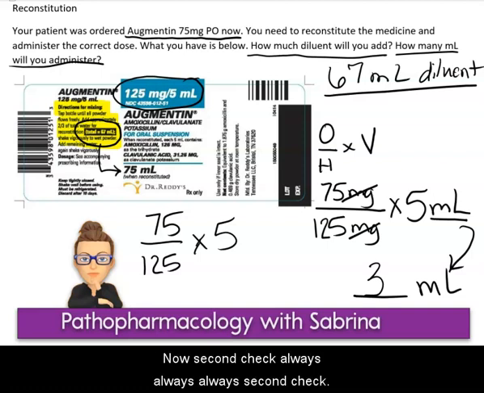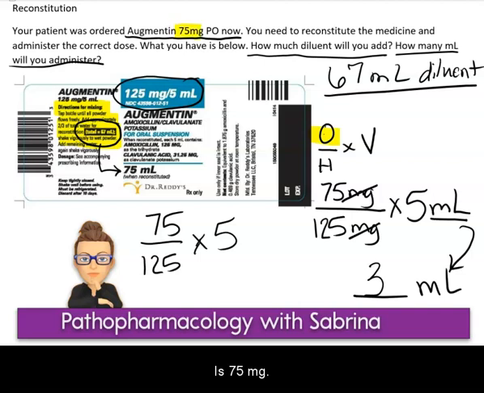Now, second check. Always, always, always second check. Our order is 75 milligrams, which we put here, 75 milligrams. What we have is 125 milligrams, and 5 milliliters. There's our volume.